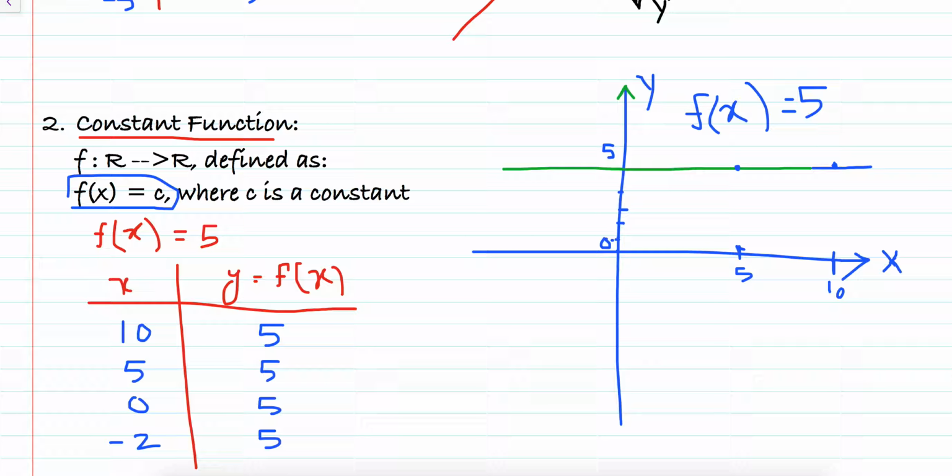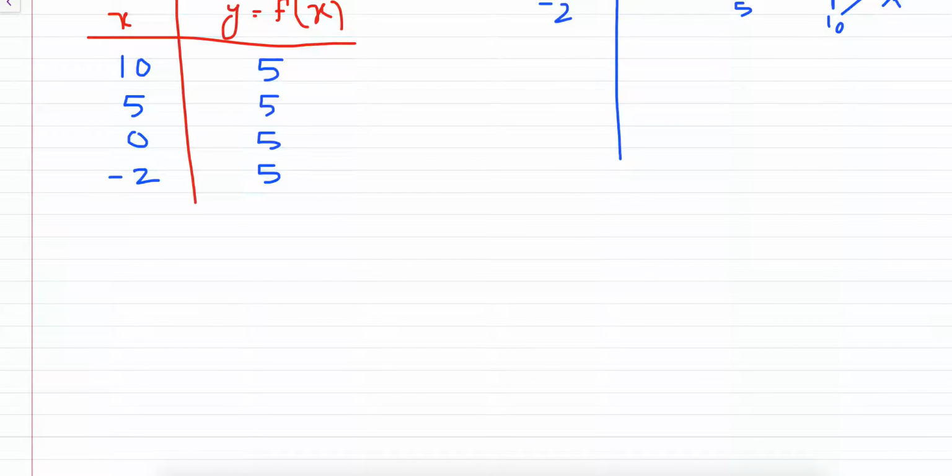If x is 0, then also y is 5. If x is minus 2 here, then also y is 5. So this will be a line parallel to x-axis passing through 5, that is a horizontal line. So this is our constant function.